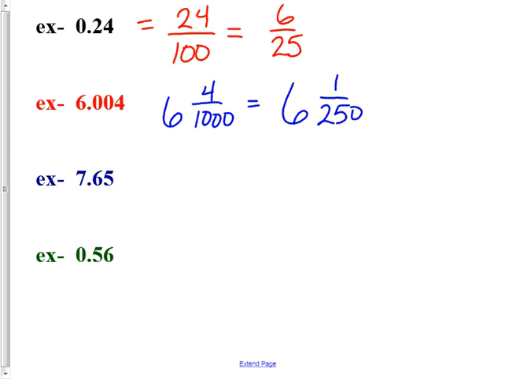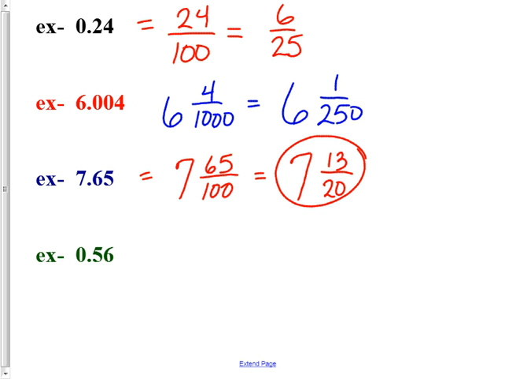For the next one, 7 and 65 hundredths should simplify to 7 and 13/20ths. And then last but not least, 56 hundredths simplifies to, let's see, 14/25.